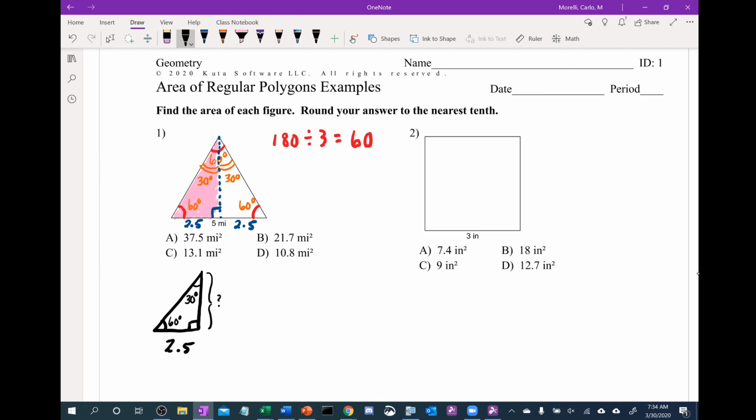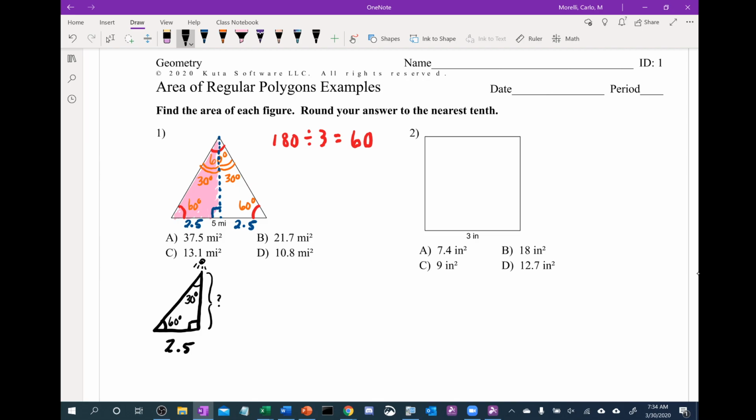So we could think about it this way. If we're looking at this side from this angle, okay, if this is our eyeball over here looking this way, we could say that the sine of 30 multiplied by the radius is equal to 2.5.